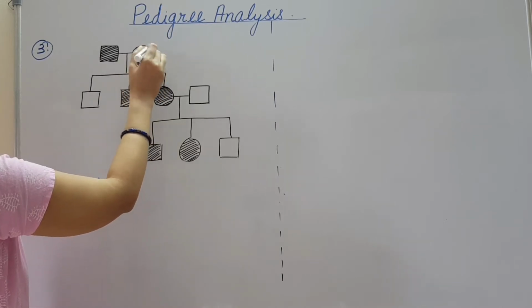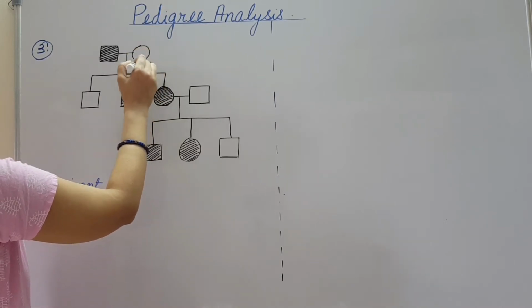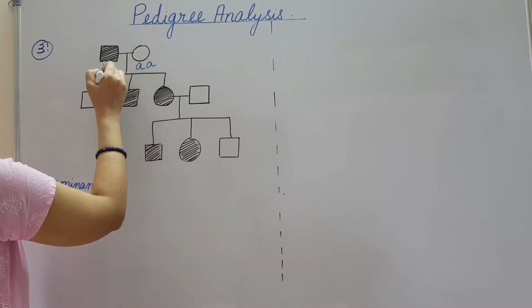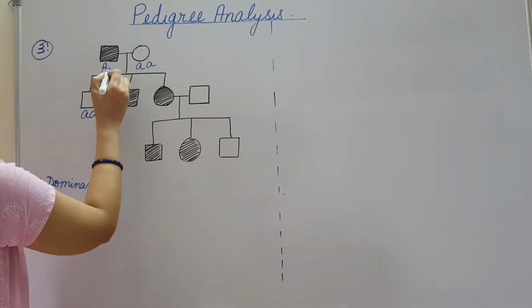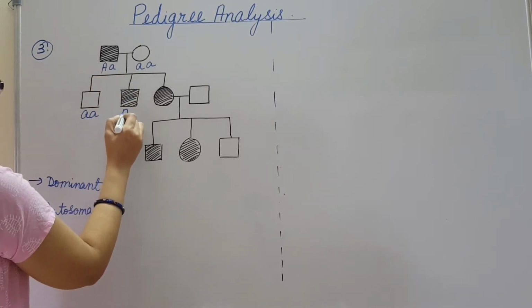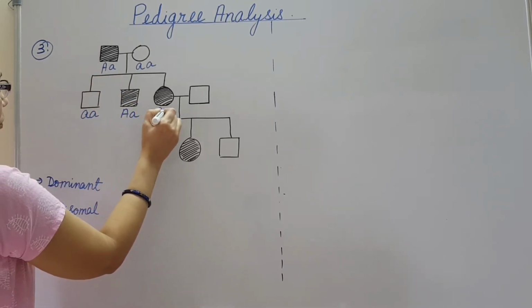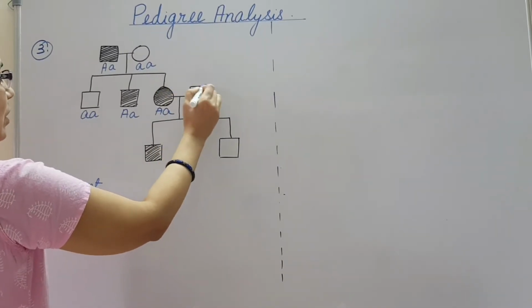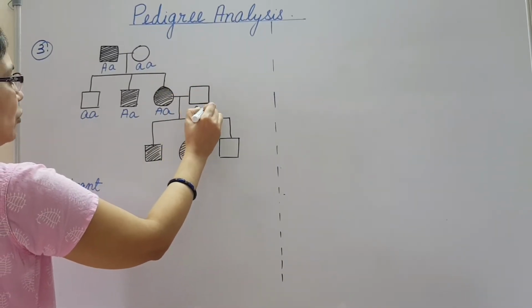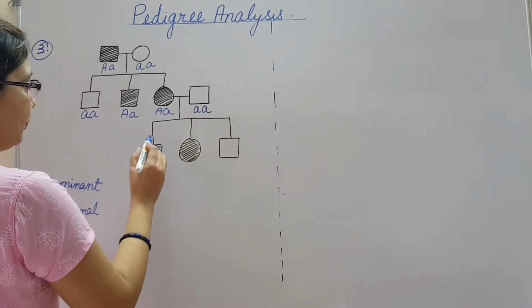This is unaffected, so it will be homozygous for the recessive allele. It will have a dominant allele. Since this is unaffected, that means it will be heterozygous. So these affected individuals will also be heterozygous. This affected female mates with unaffected male, so it will be homozygous for the recessive allele.